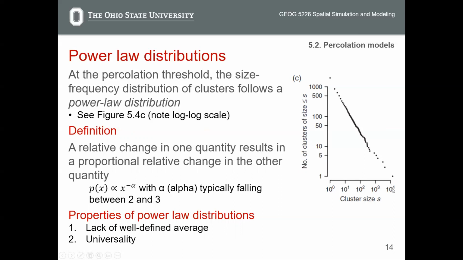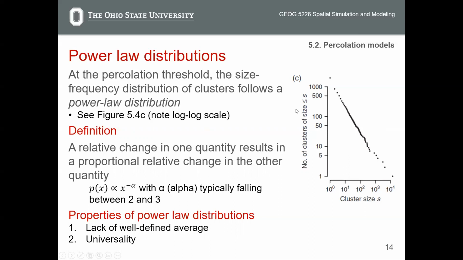When we decrease this size by 100 times, which means the size of the cluster is now 10 to the power of 2, which means 100, how many clusters are there? Now it's 50, which means that when the size of the cluster decreased 100 times, the number of clusters increased by 50 times. So this is a proportional change in the number of clusters when the cluster size changed proportionally, right?